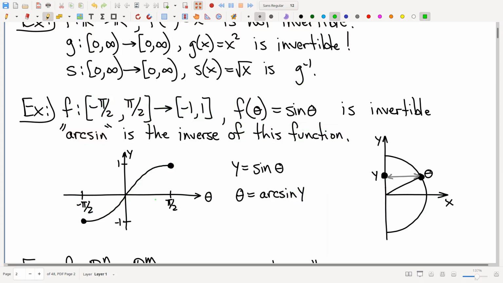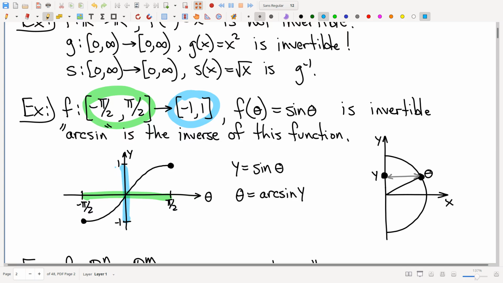Now I know y'all are typically most familiar with the sine function thinking in terms of graphs. So think of these as the allowed values of theta, and these as the allowed values of y, namely the sine of theta. And notice this part of your familiar graph of sine gives a perfect one-to-one correspondence.